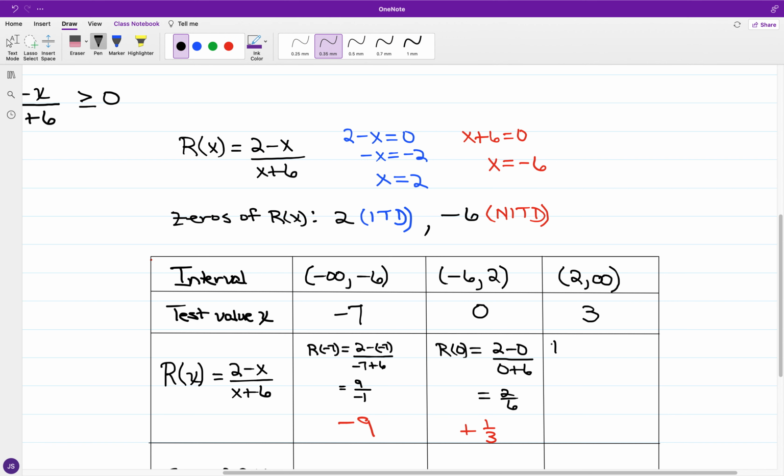Now for what we have in the case of r of 3, we have 2 minus 3 all over 3 plus 6. And 2 minus 3 is -1. 3 plus 6 is 9. Okay, so we have -1/9.